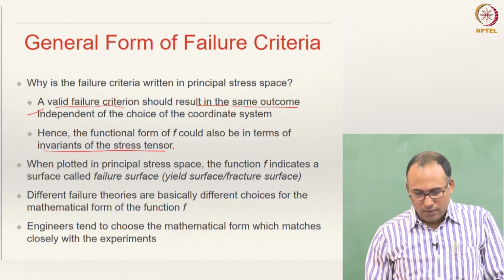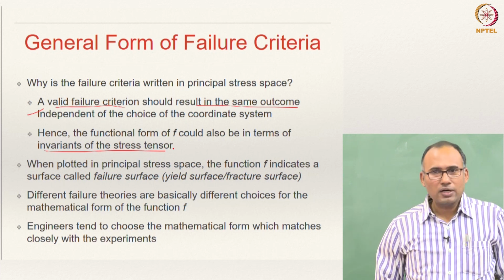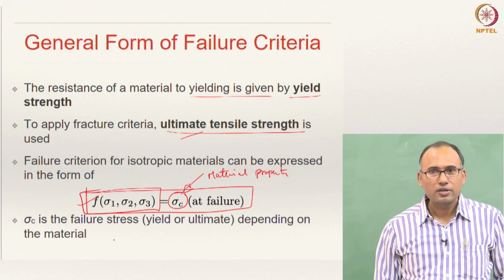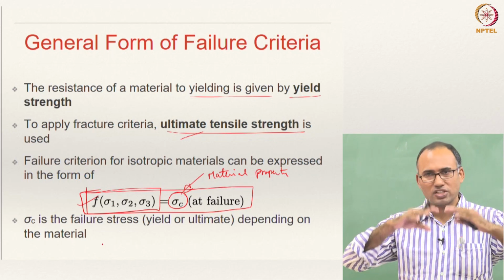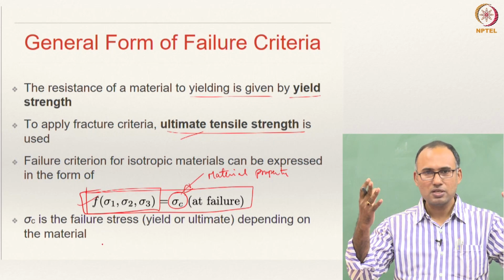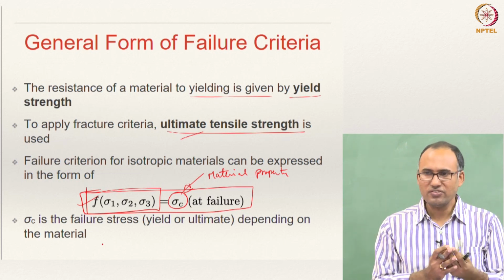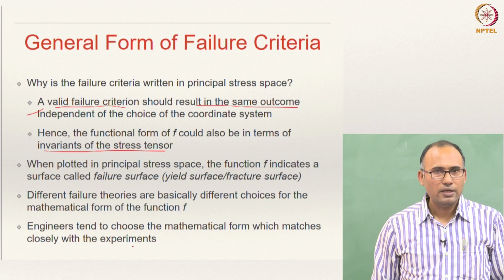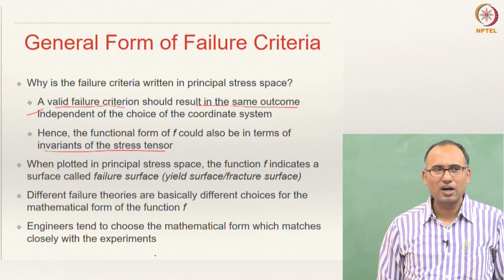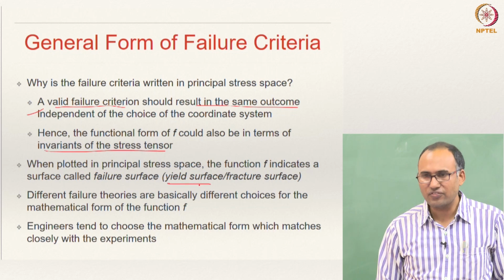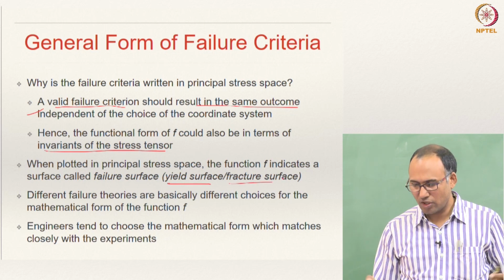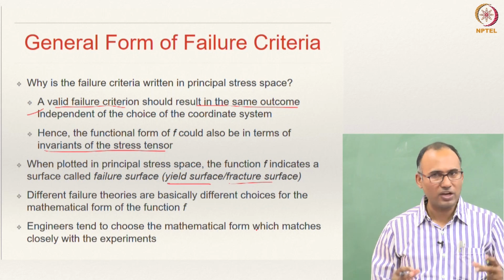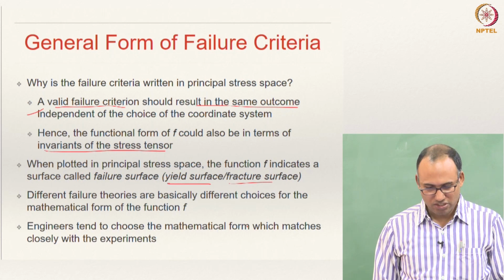Okay? And when you are plotting this, here this guy is a function, right? When you plot this function in principal stress space, it will be a three-dimensional surface, and that surface is called the failure surface. If it is a ductile material, then it is called the yield surface. If it is a brittle material, then it is called the fracture surface, but it is basically the failure surface, the function that you have plotted in principal stress space.